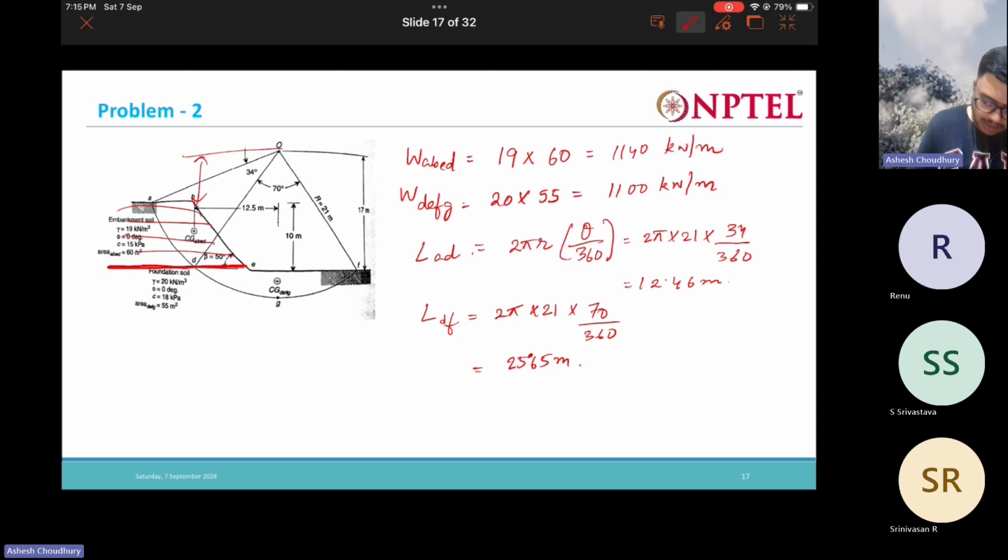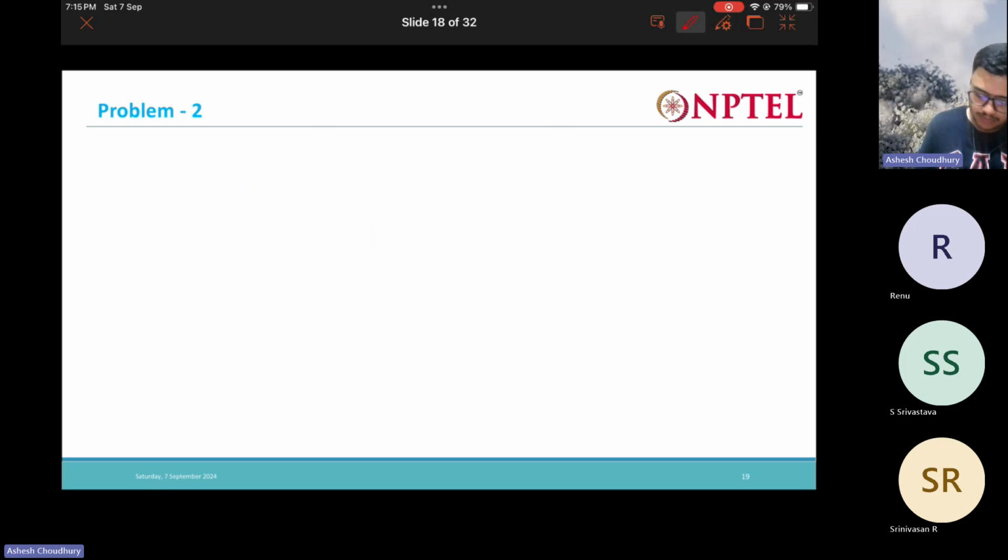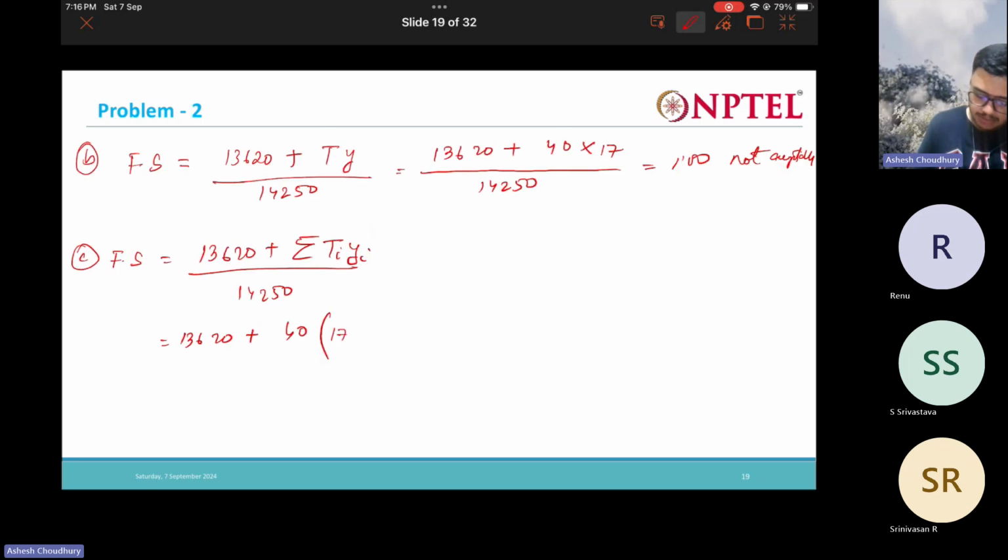So the Y value will be different for all the layers: 17 plus 16 plus 15 plus 14 plus 13, at 1 meter spacing we are providing, plus 11 plus 10, 2, 3, 4, 5, 6, 7, 8, 9, 10.